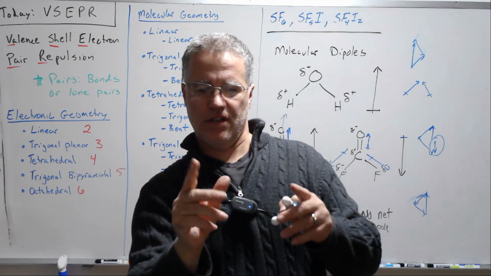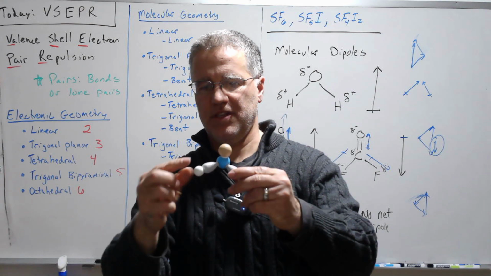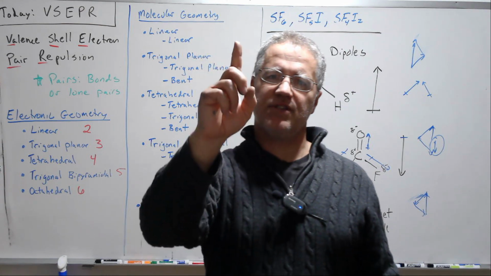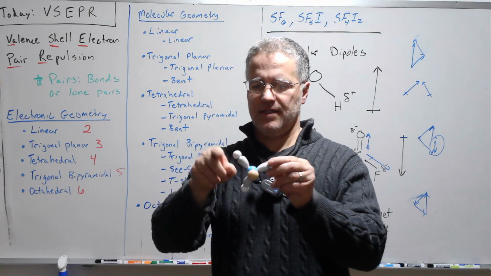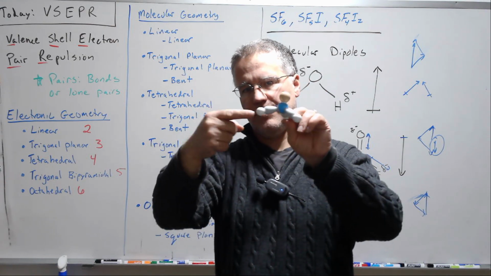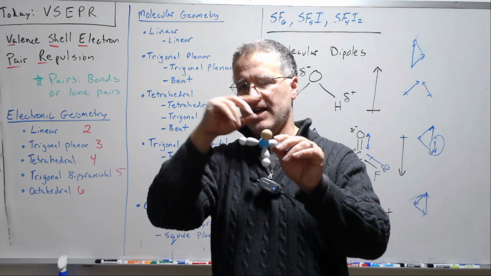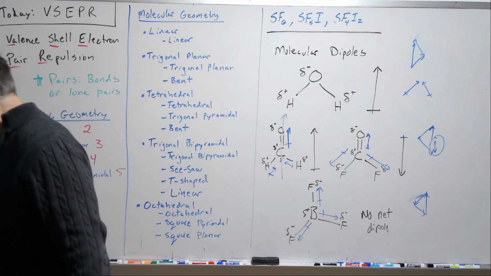So we'll have three bonds pointing up, and that will give us a net dipole pointing straight up. Or when I point it at you, it'll be pointing straight at you, coming from the net 3D vector sum of the individual polar bonds.